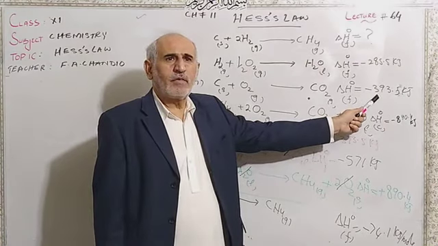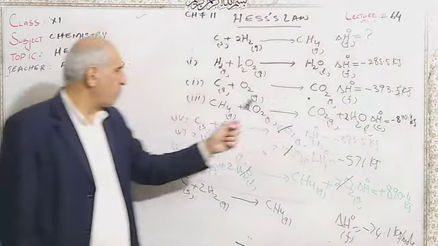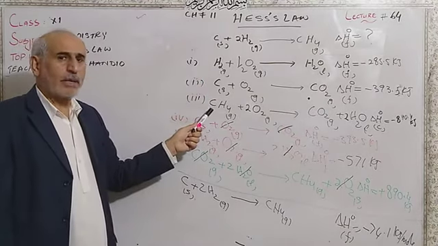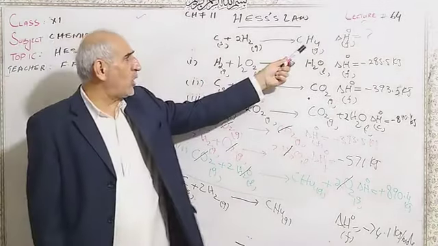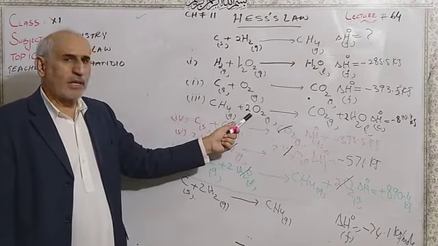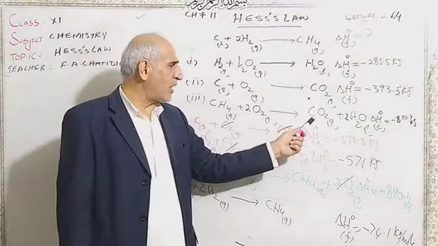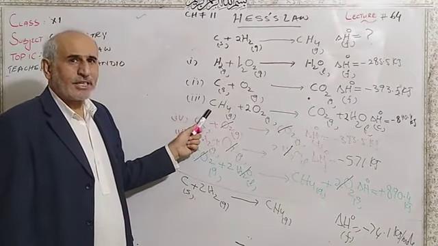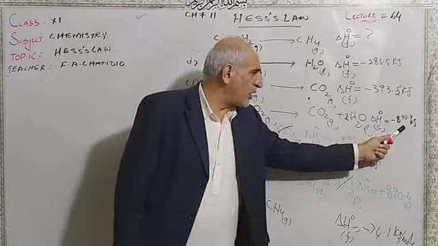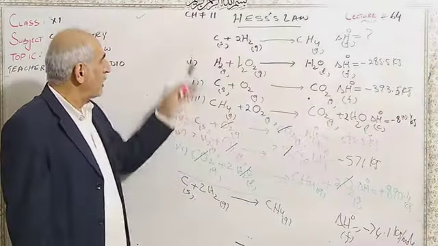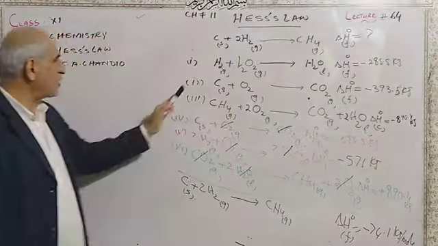This value will be provided for you. Then to get this equation, I am going to combust the required product. Methane is going to be combusted, to give carbon dioxide gas and water, without disturbing this, because this value is for 1 mole. So you have to balance, and I balance this one. So this is provided by the examiner.